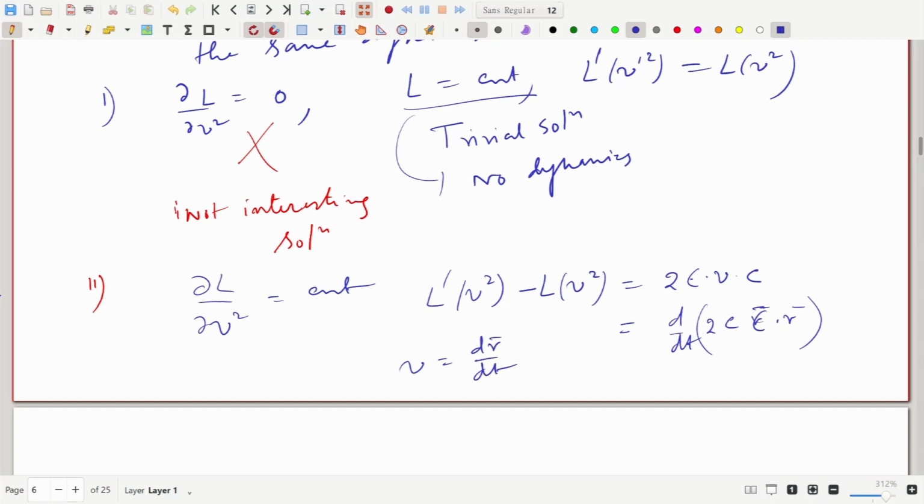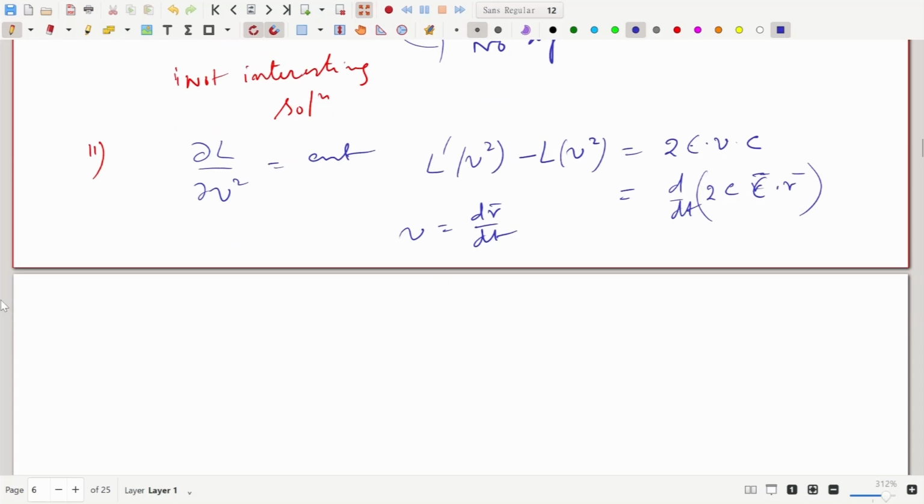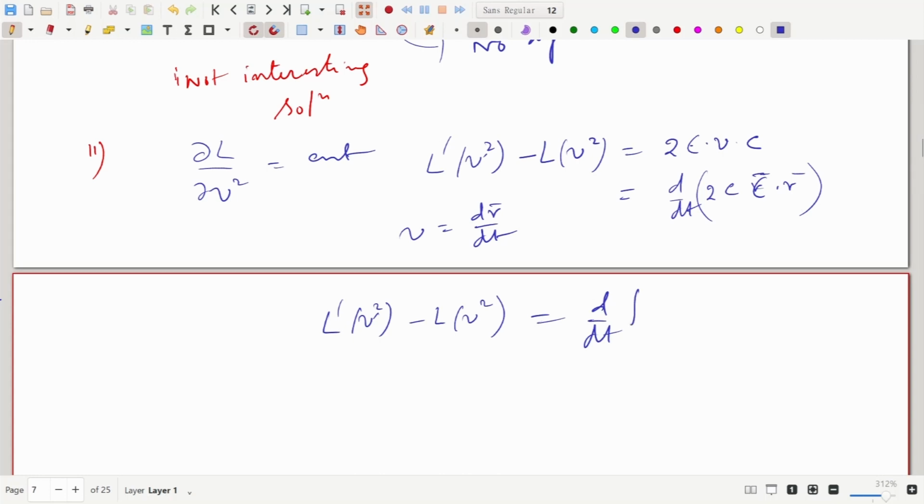So we find the difference of the two Lagrangians in the two different systems, L'(v'²) minus L(v²), is nothing but d/dt of some f, which is a function of the generalized coordinate r.